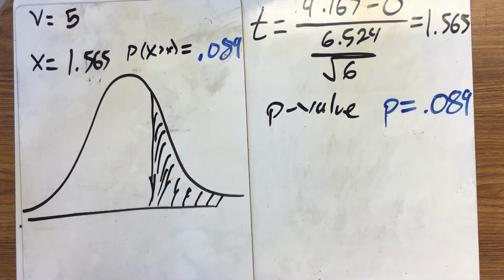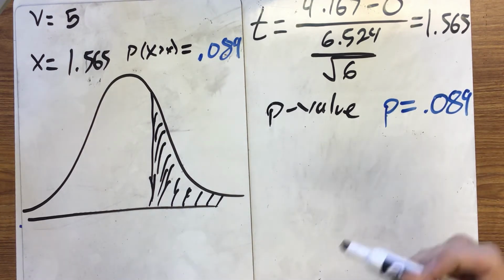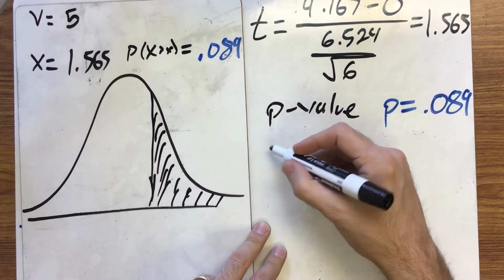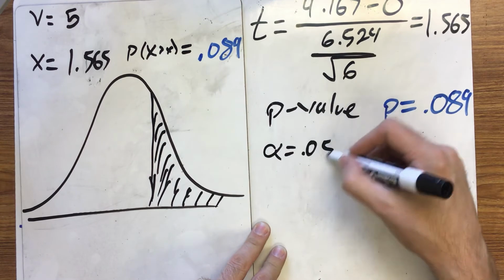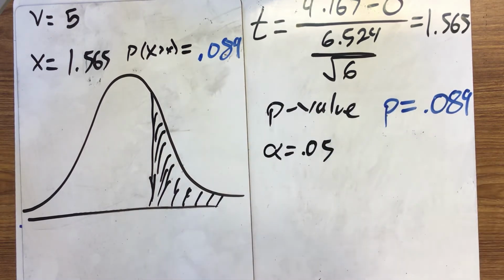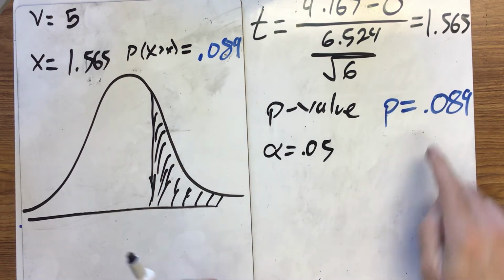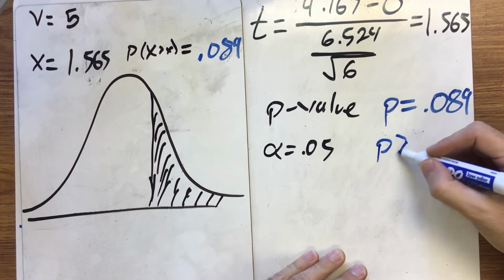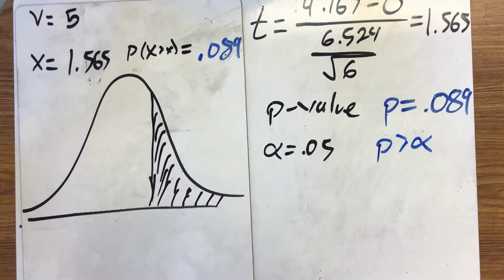Once we have this p-value, we're ready to draw our conclusion. How do we draw our conclusion? We compare this to our alpha value of 0.05. And what we see is that this 0.089 is bigger than alpha. Then we have to rack our brains and ask, what does that mean?